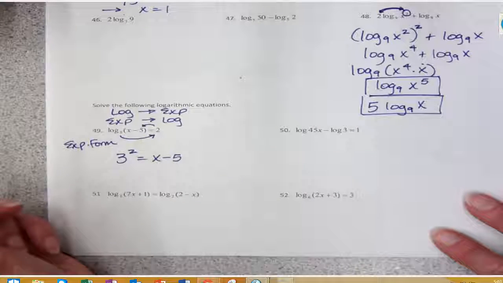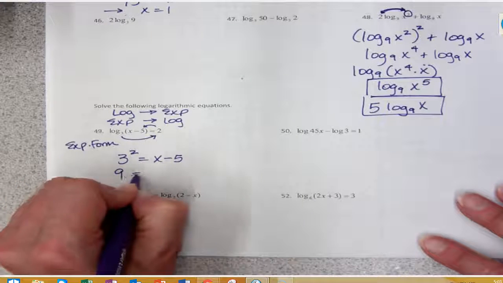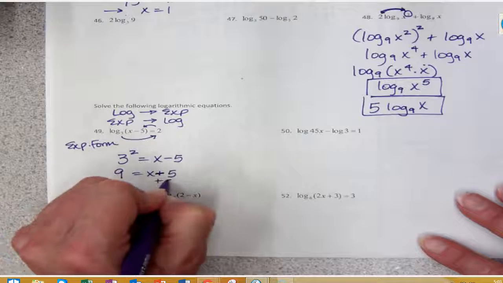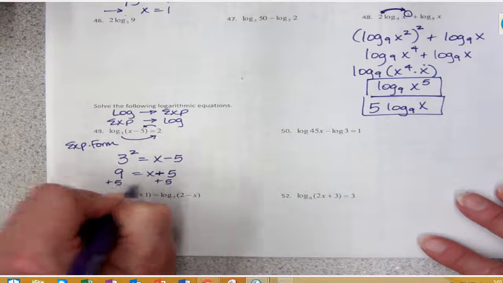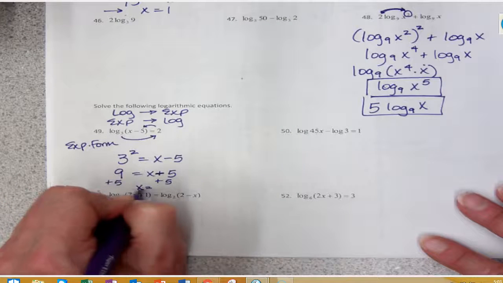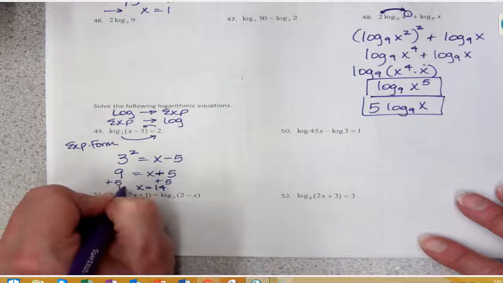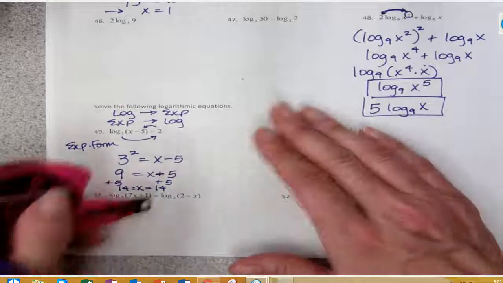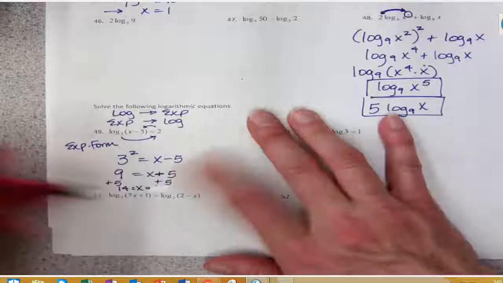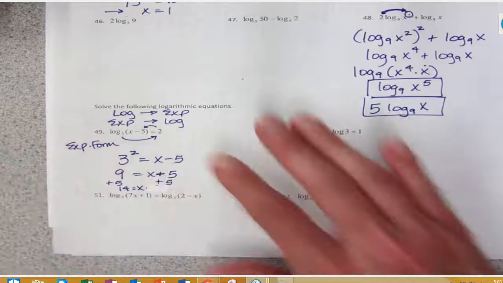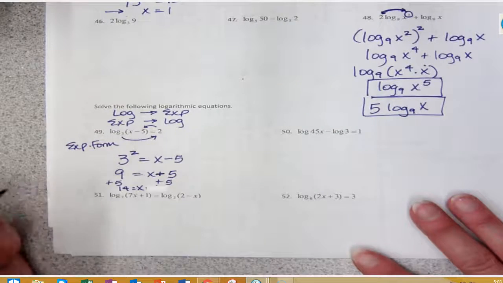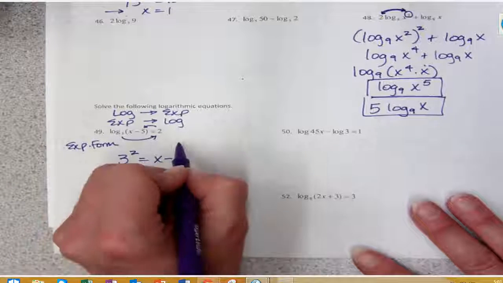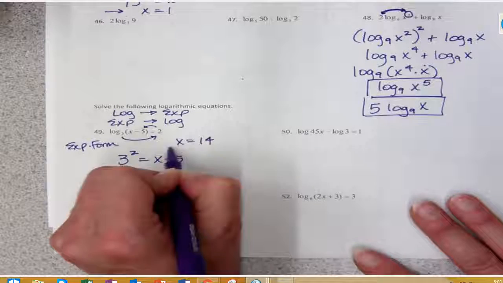Can I solve that? Sure. 9 equals x, minus 5. Add 5 to both sides. X equals 14, or 14 over here. Sorry. That equals 0. Okay. So you've got your x equals 14 here.